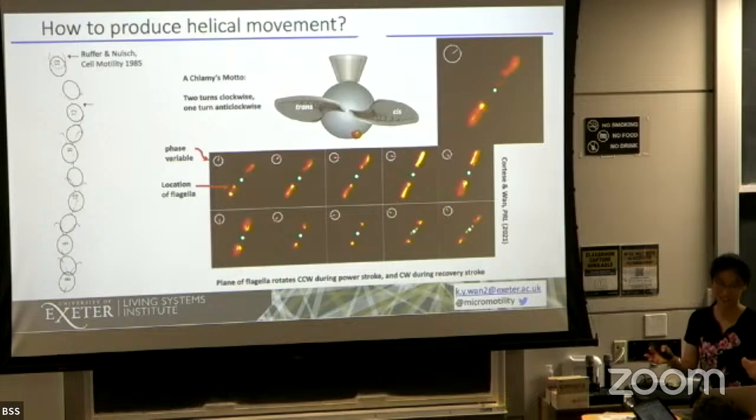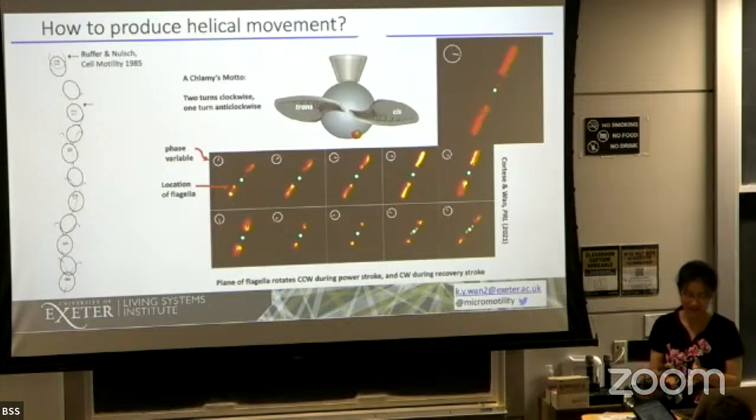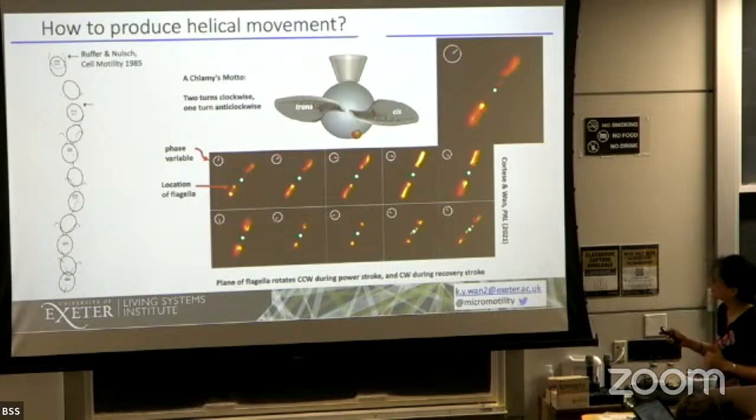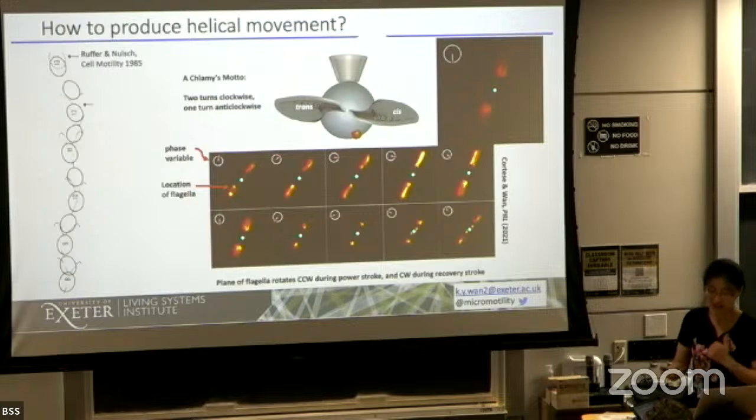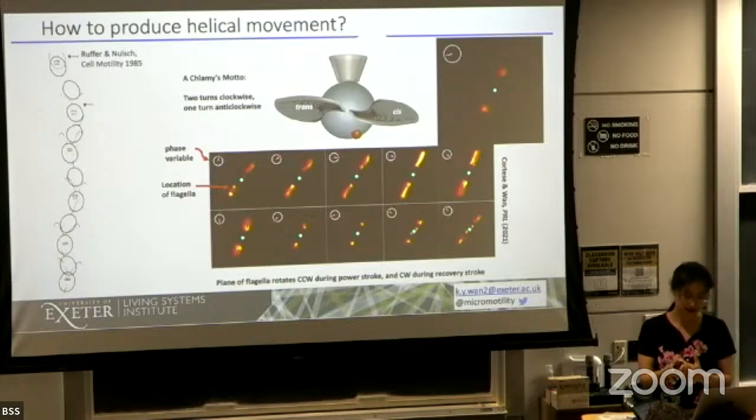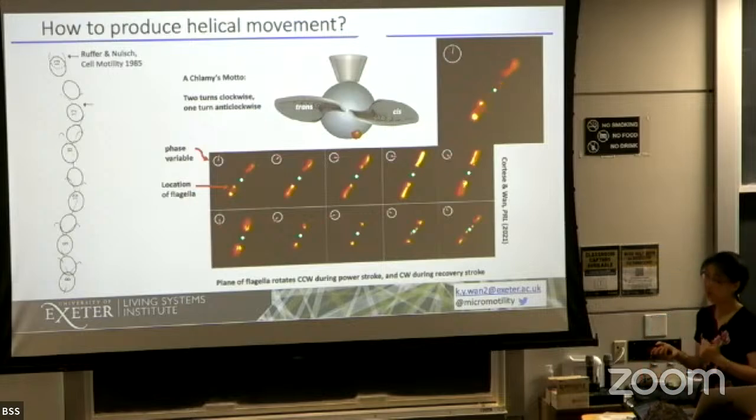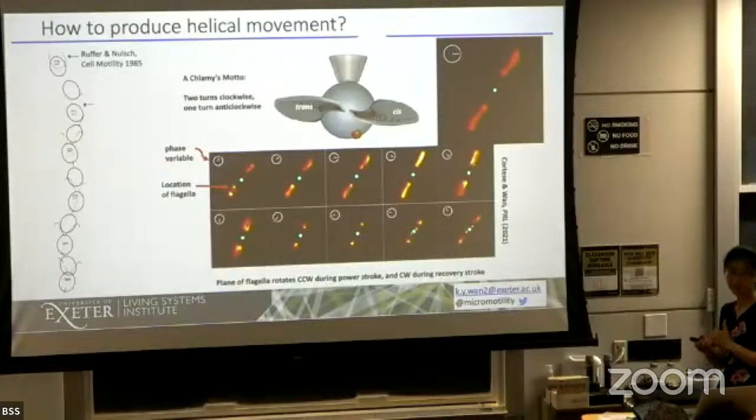It's not a real extension and contraction, of course, it's just the observed projection as the cilia execute the power and then the recovery stroke. If you put all of this together, you can see that the mean instantaneous beat plane of these two cilia seems to actually rotate.